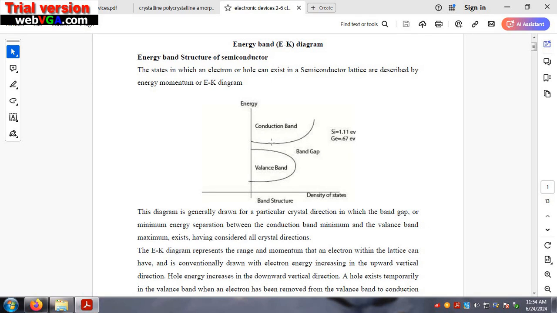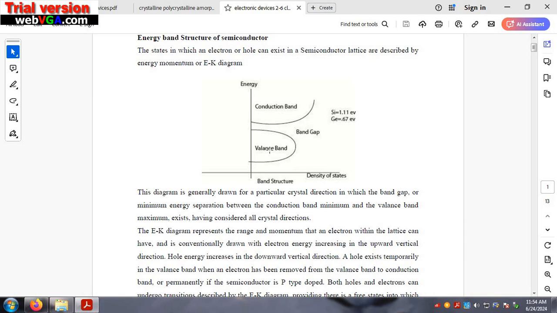The difference between these two energy bands is called the band gap, or the forbidden energy gap. For silicon, which is a popular semiconductor material, it is 1.11 electron volt. For the second one, germanium, it is 0.67 electron volt.